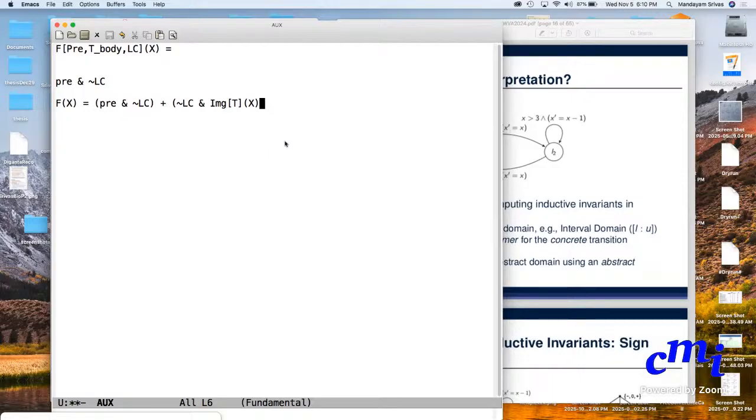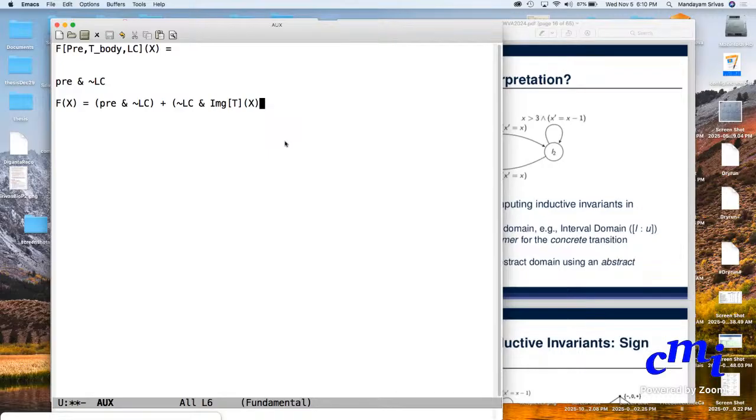What it has to capture, intuitively, is what needs to be added in this chain. Each time you're applying F, you're doing one iteration, so each time you're adding something to F.